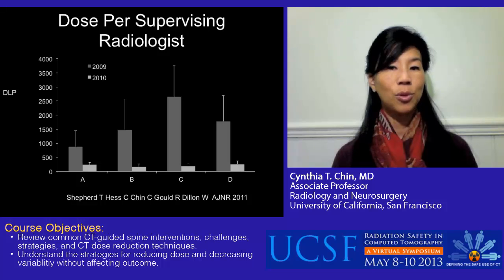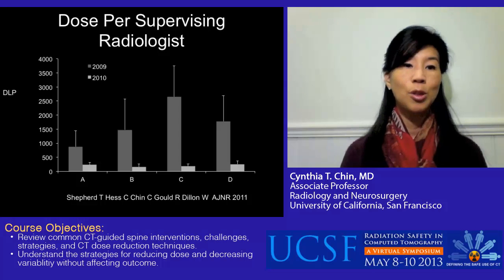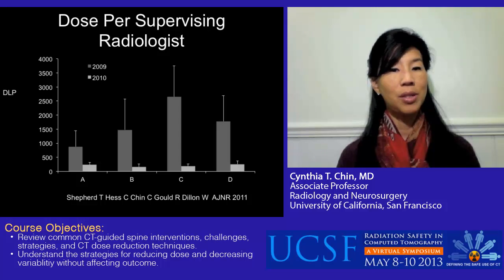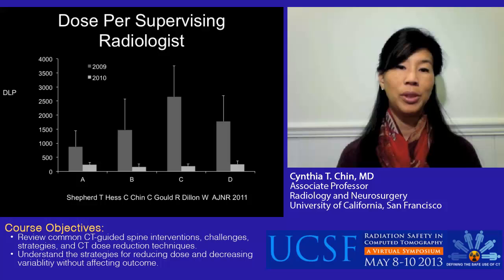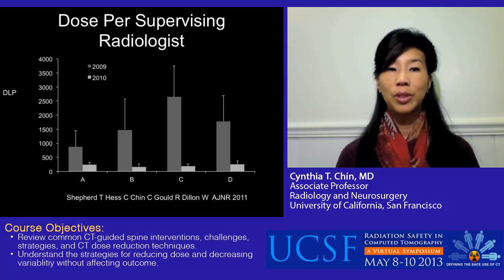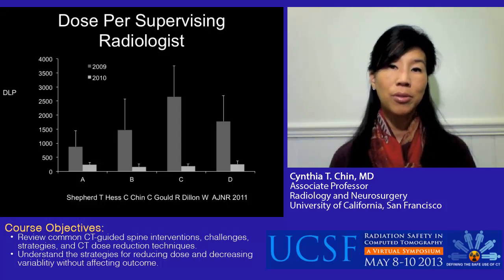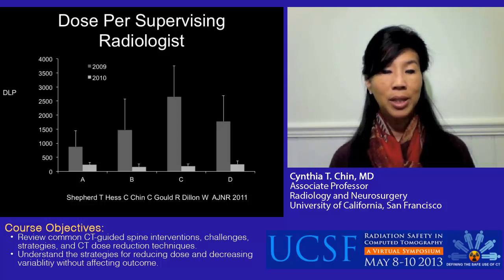In fact, these were reduced 95% from 1776 milligrams per centimeter in 2009 to 94 milligrams per centimeter in 2010. And this reduced variability in the radiologist-dependent procedural radiation came without any sort of monitoring or any sort of mandates.